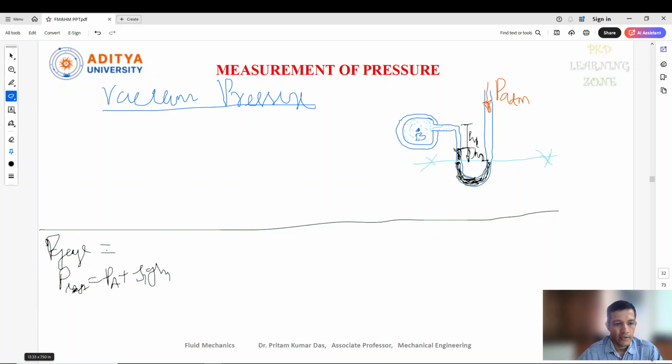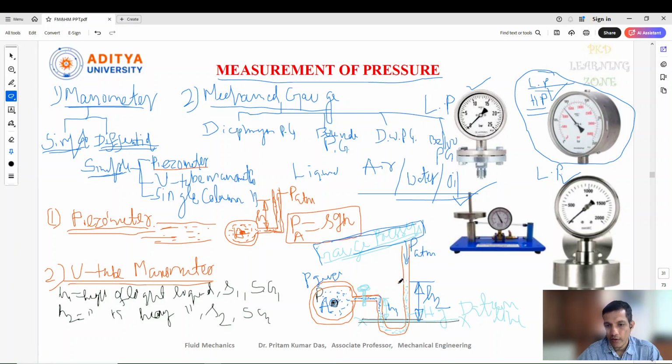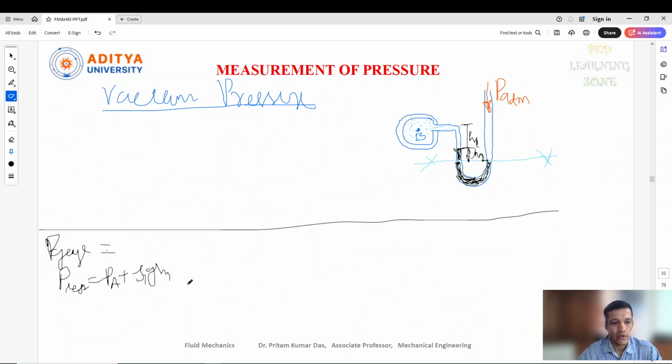Similarly, on the right side, there is the height of the heavy liquid, that is H2. So the pressure at the right limb equals rho 2 G H2.